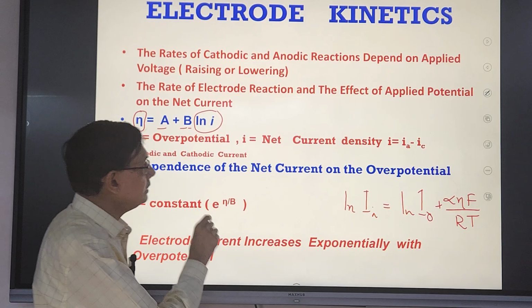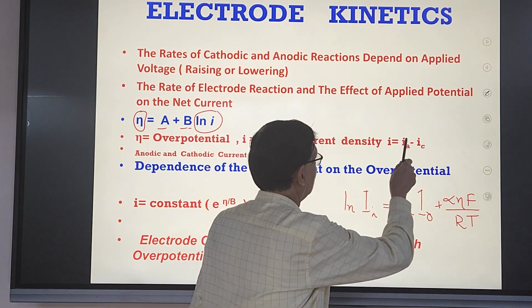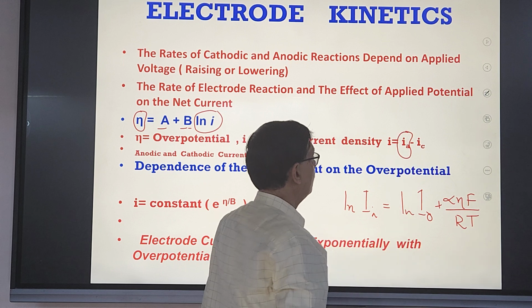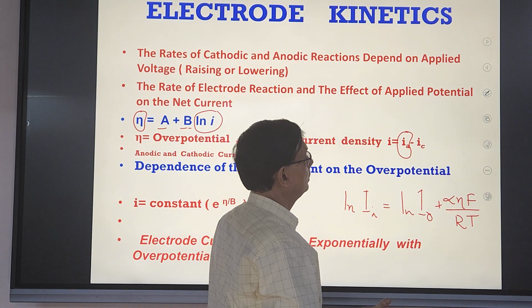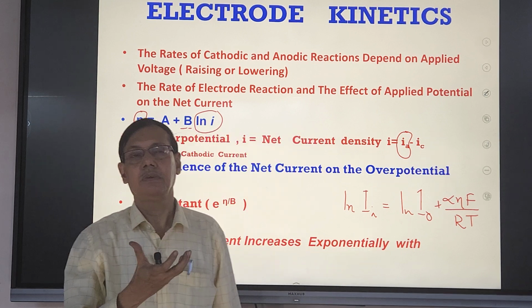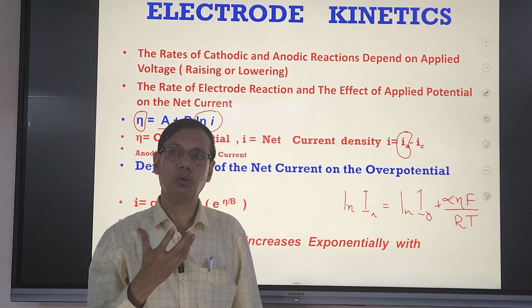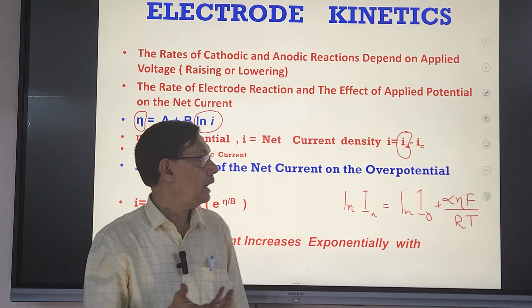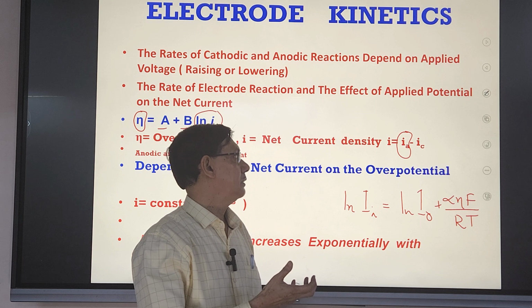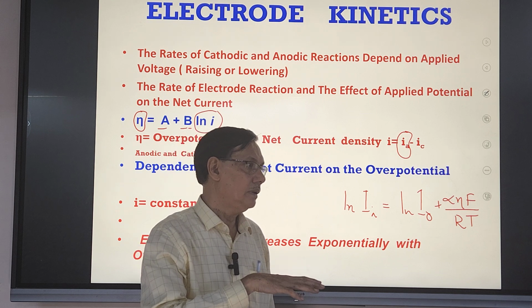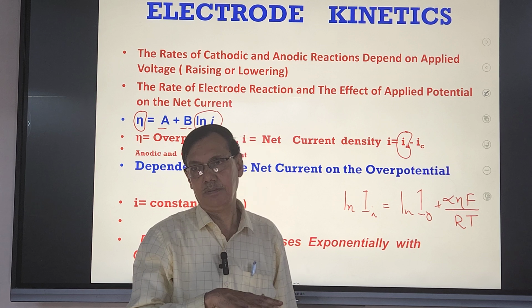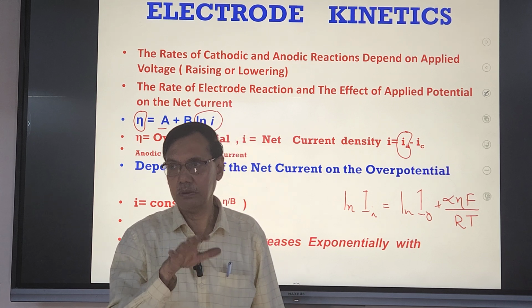Because we are concerned about the anodic current when the overpotential value is positive and large, like 0.12 volt, and when the cathodic current is predominant, when the overpotential value is negative, like minus 1.12 volt.